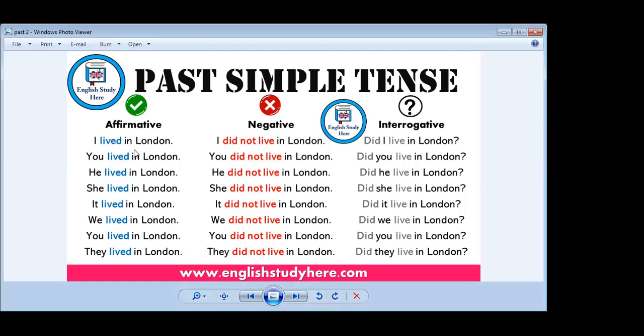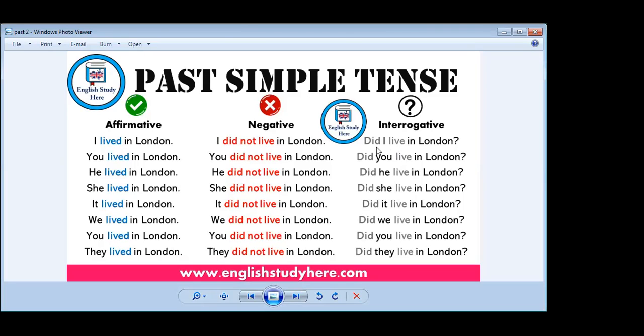So I lived in London. I didn't live in London, okay? Can you see the difference? Here we have verb 2, here we have did not and the infinitive verb, okay? So to make an interrogative question, here we start with did, then the subject and the infinitive verb.